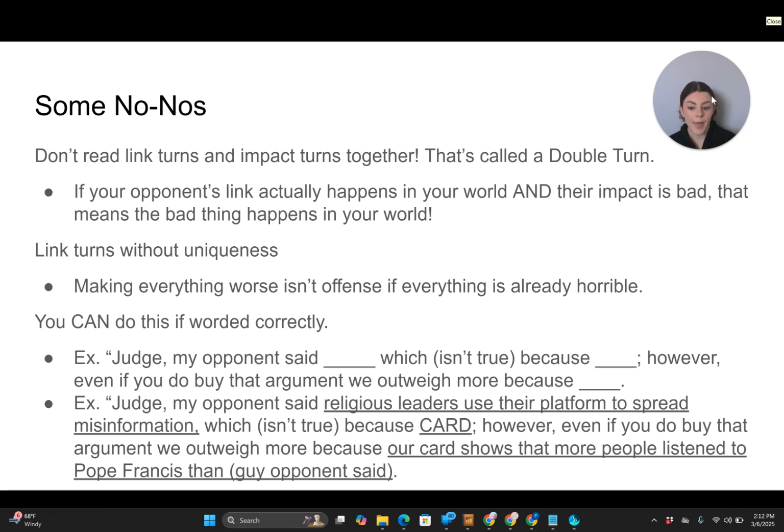However, even if you do agree that religious leaders do sometimes use their platform to spread information, we outweigh more because our card shows that more people listen to Pope Francis, who told his followers to get the vaccine, and the amount of people who got that vaccine significantly outweighed my opponent's example of this guy saying something to his followers and them not getting the vaccine. So we still outweigh, meaning religion is still doing more good than harm. So you can do that.